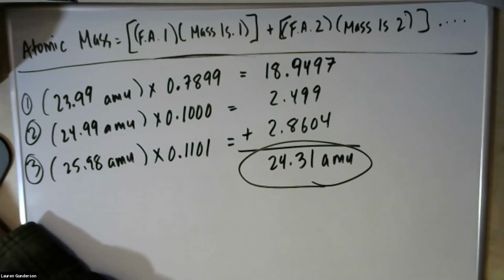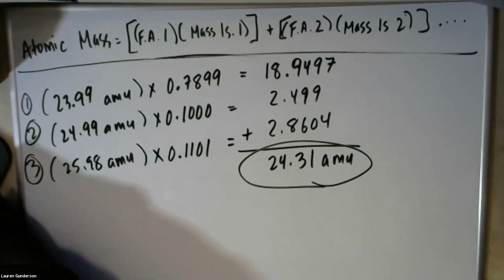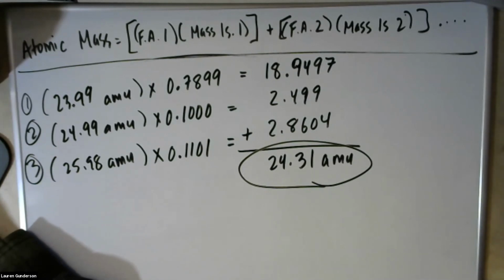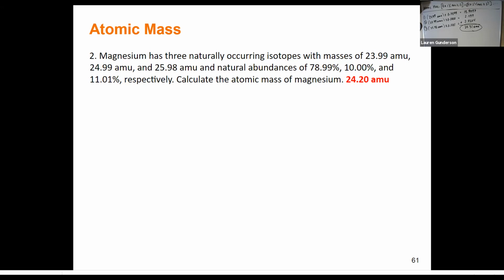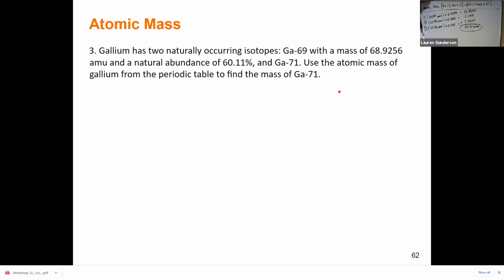Okay, the next example has one that's a little more interesting. So this will be fun. In this case, they're telling us that gallium has 2 naturally occurring isotopes, gallium 69 and gallium 71.